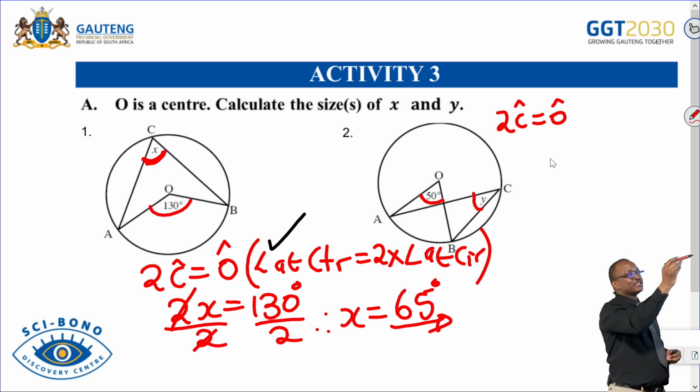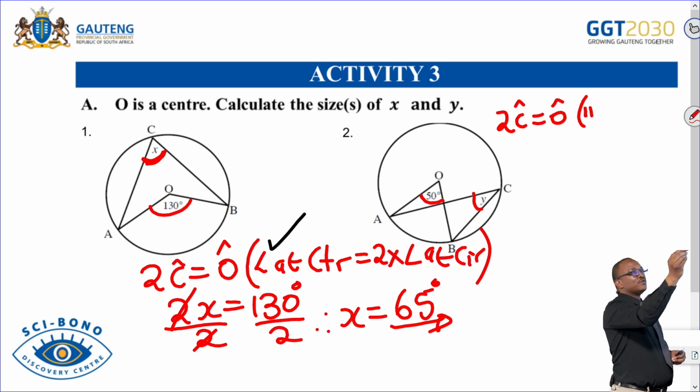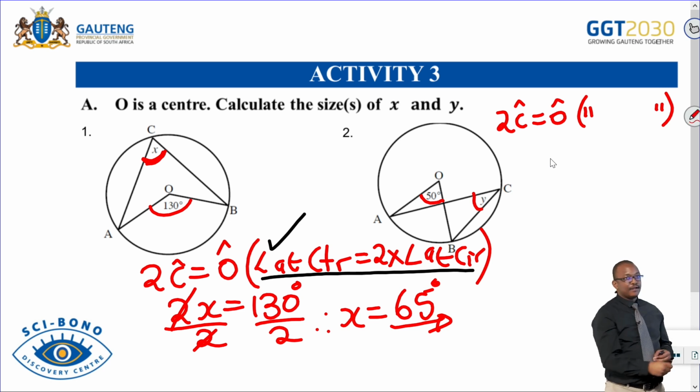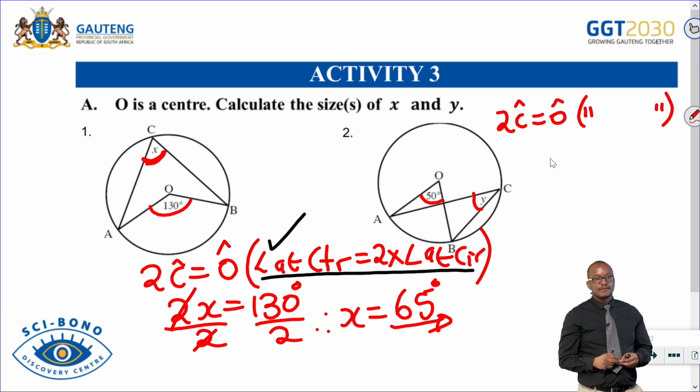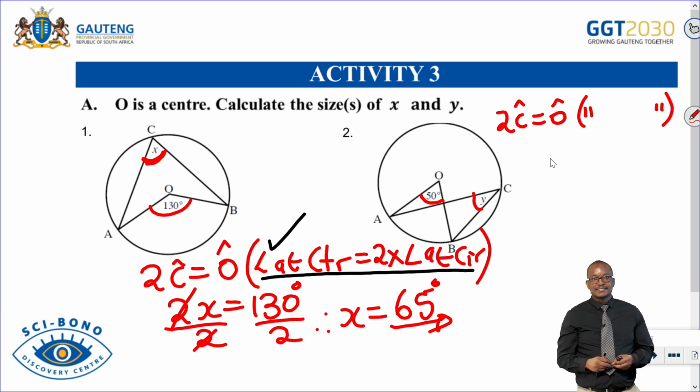Then the reason will be the same as the one that you gave there in the first question: angle at center is twice the angle at the circumference.